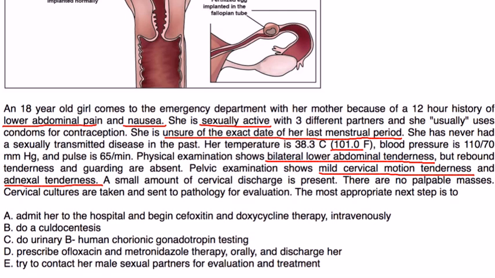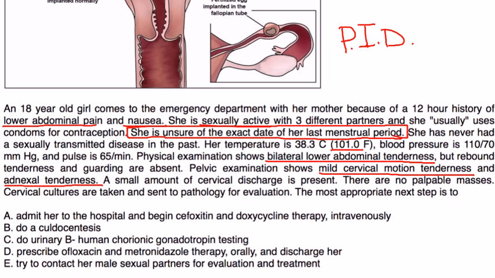The most appropriate next step is... The symptoms are very similar or almost identical to pelvic inflammatory disease, PID. But there's one sentence in here that leads you to think of ectopic pregnancy, and that one sentence is right here. She is unsure of her last menstrual period.